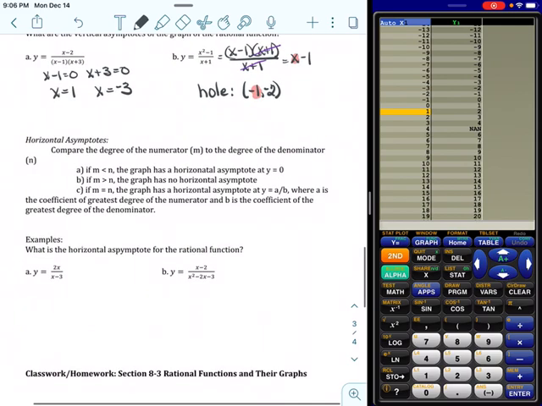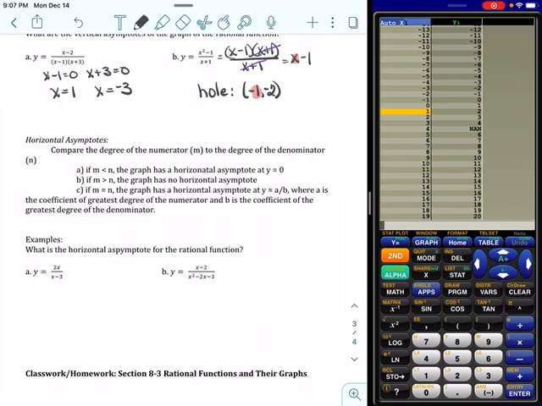Now, horizontal asymptotes are problem children. I mean like big time problem children, because it is really hard to find the horizontal asymptotes. They may say they have it, but depending on the problem, these are seriously problem children. So we have guidelines. Don't think of these as absolute rules. They are guidelines, and they're based on the exponents of the numerator and denominator.